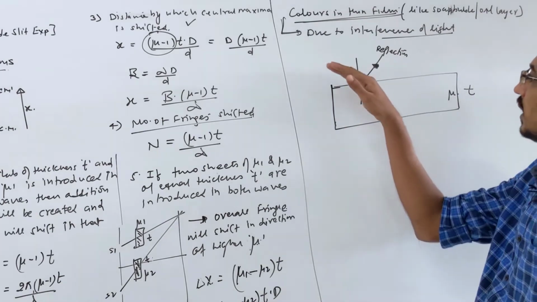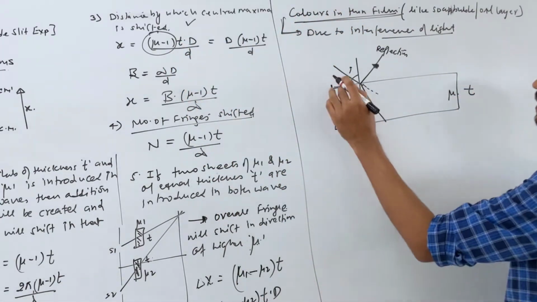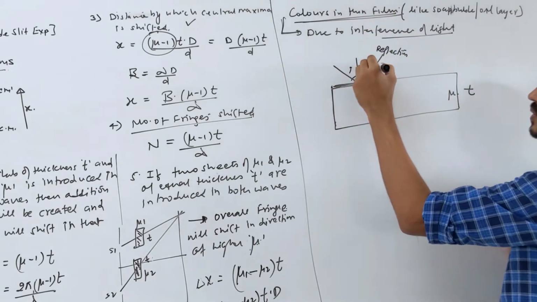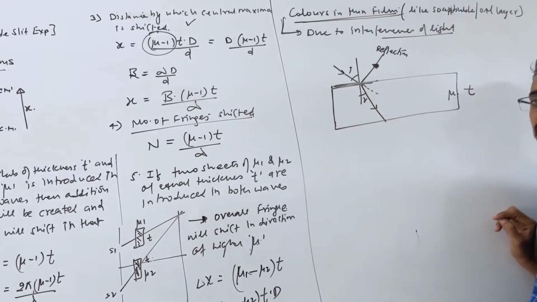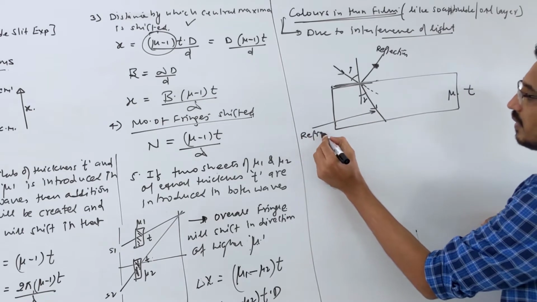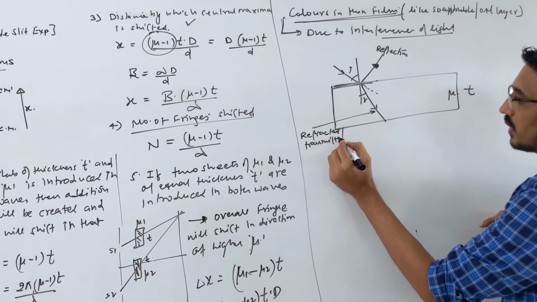When light is incident from one medium to another medium, at this boundary some part of the light will be reflected back into the same medium, and some part is refracted, that is, transmitted to the next medium.